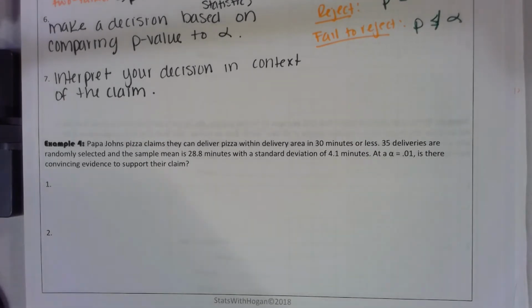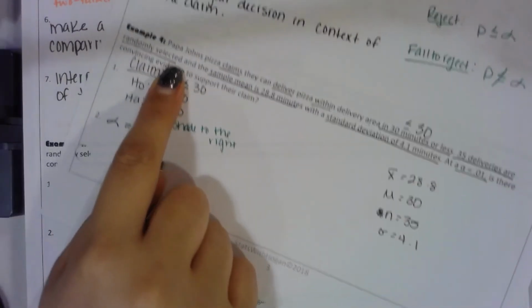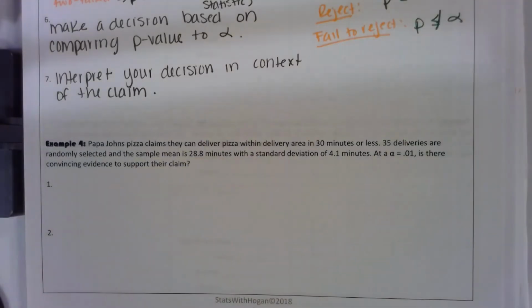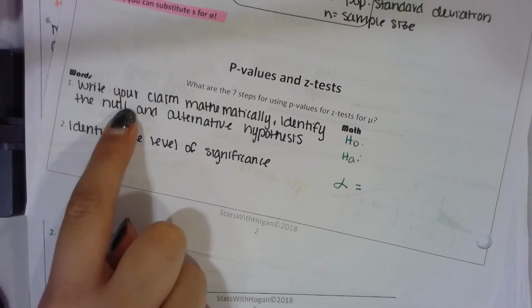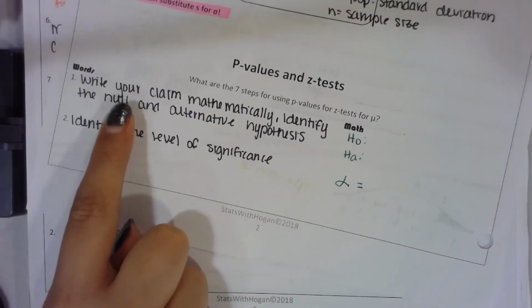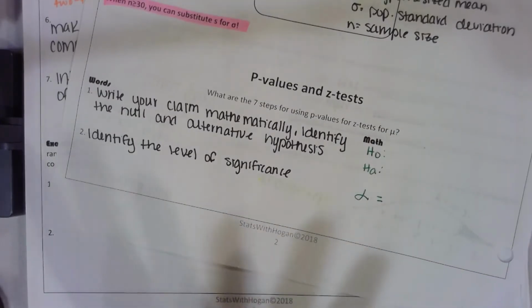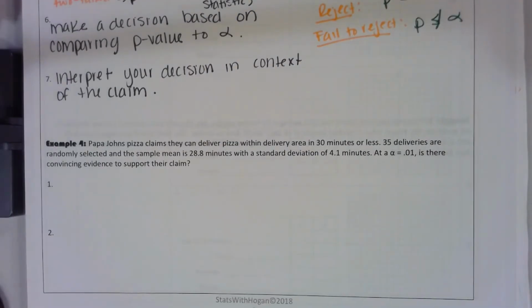Because our claim includes equality, it goes into the null hypothesis. Flipping the sign, taking off equality, we have our alternative hypothesis.